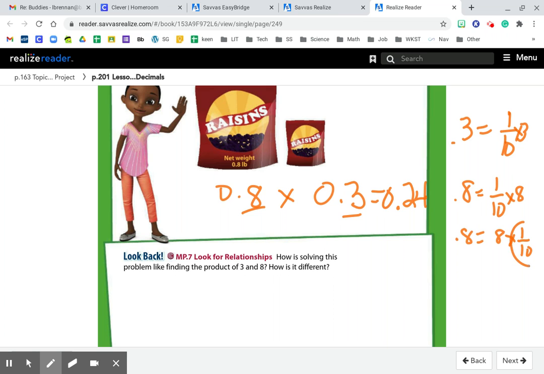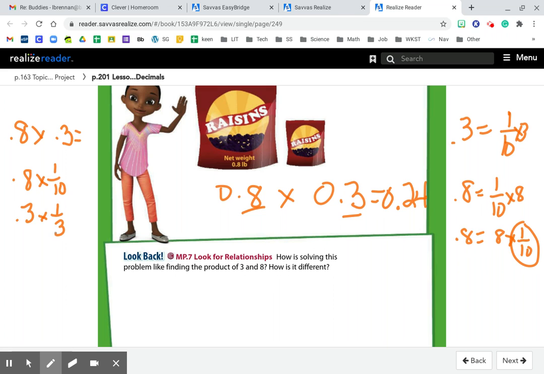So we're going to be taking a look at some of these fractional pieces. So if you have 8/10 times 3/10, 8/10 is 1/10 of 8, and 3/10 is 1/10 of 3.